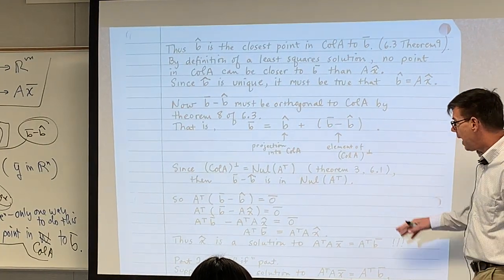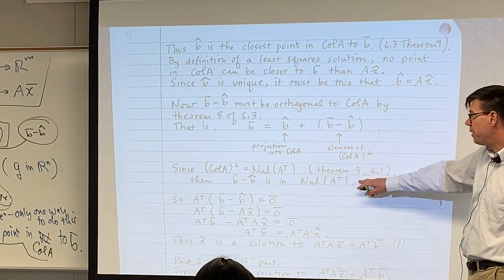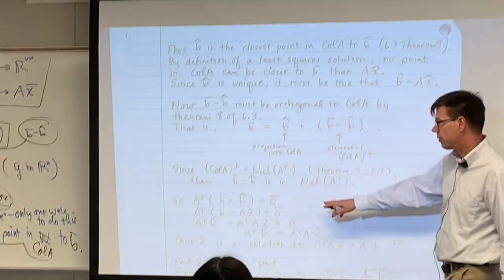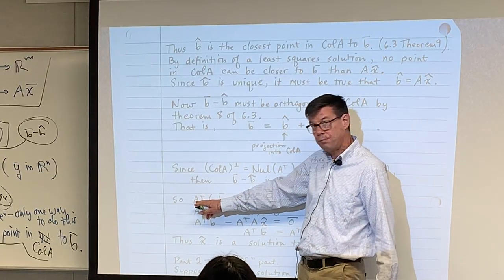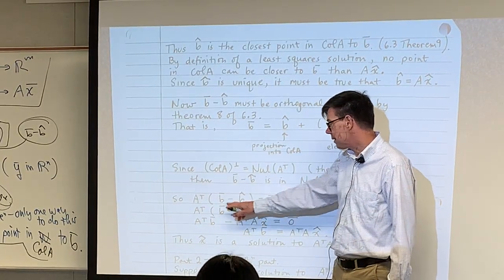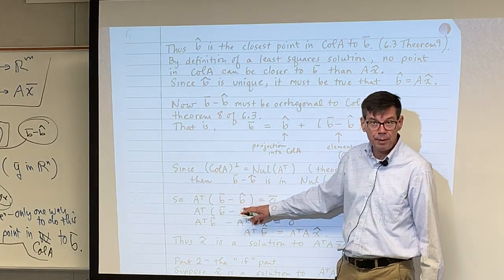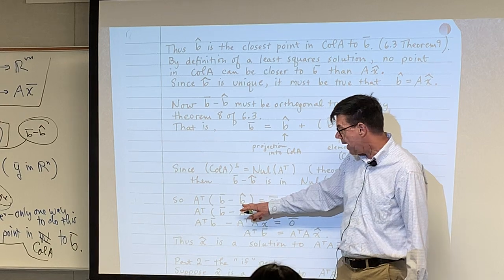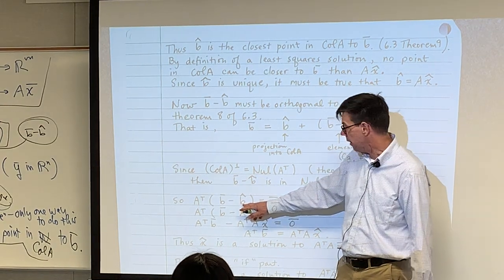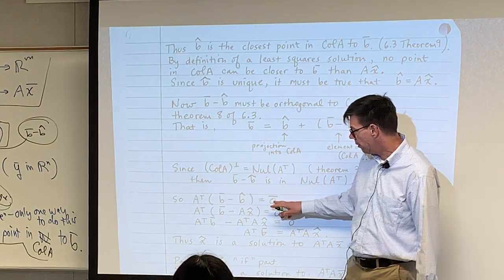To say B minus B hat is in the null space of A transpose means that if you take A transpose times B minus B hat, where A transpose multiplies m-dimensional column vectors, you get 0.